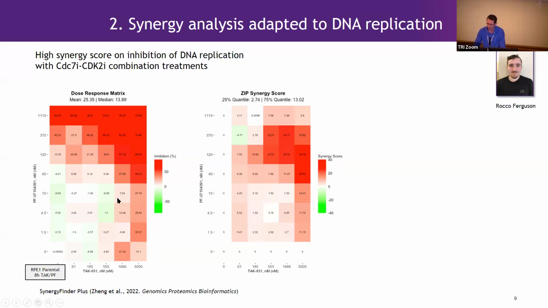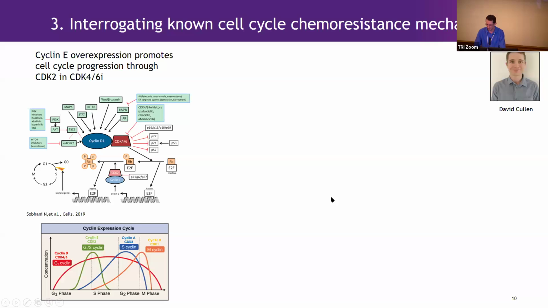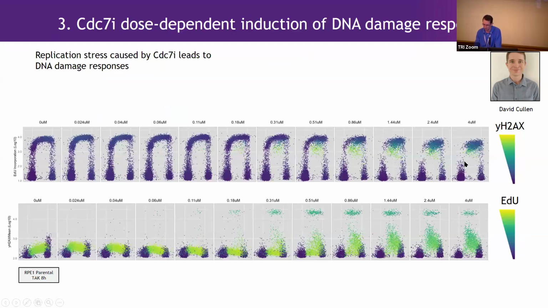They are immortalized but not transformed cell lines, but we also have some data with cancer cells. We truly skipped the two other stories just for the matter of time. David is doing quite cool analysis, exploring cyclin E overexpression in CDK4/6 resistant cells, doing a bunch of titrations of these drugs.